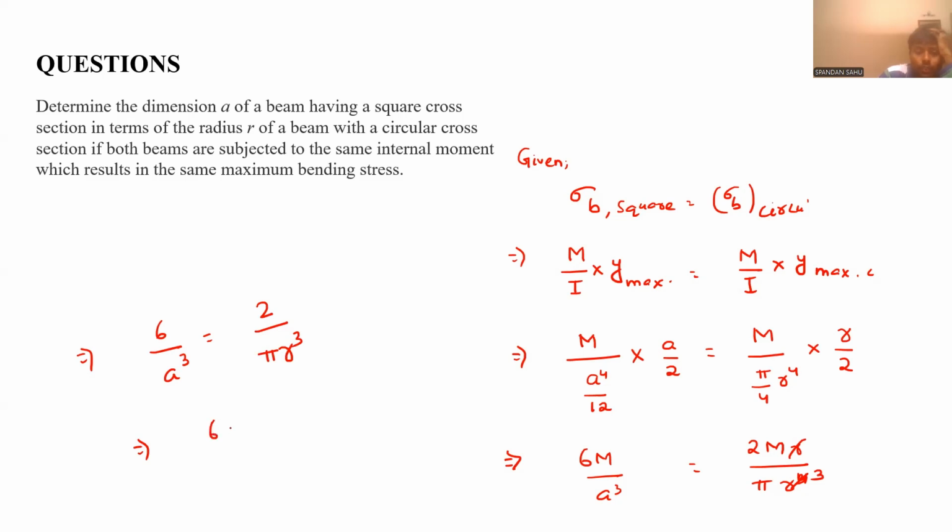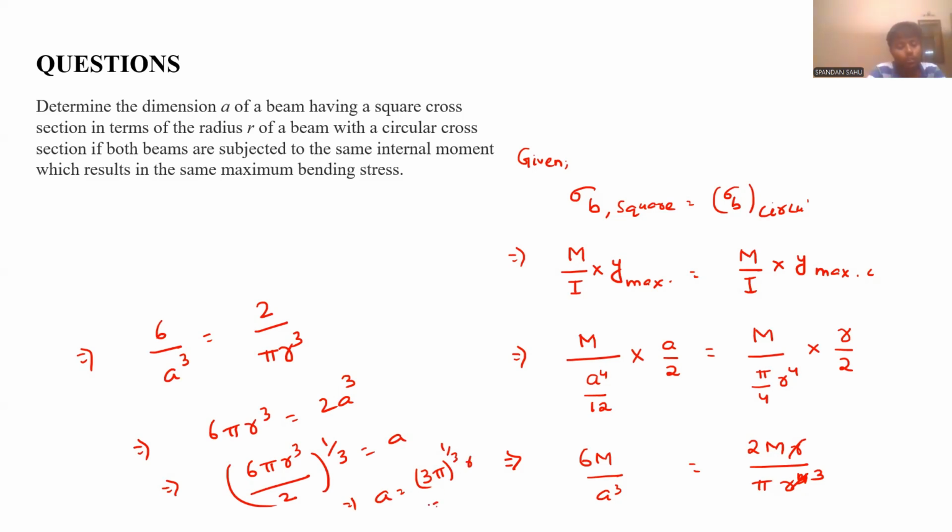So 6 pi r cube equal to 2a cube. So 6 pi r cube by 2 whole power 1 by 3 will become a. So a will be nothing but 3 pi power 1 by 3 into r. So cube root of 3 pi. So what will be the cube root of 3 pi? 2.11 r.